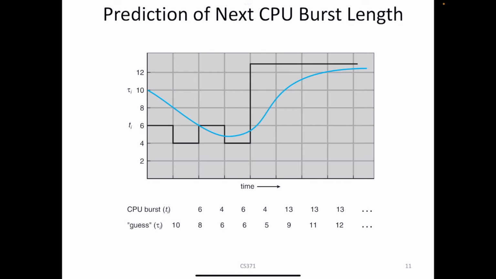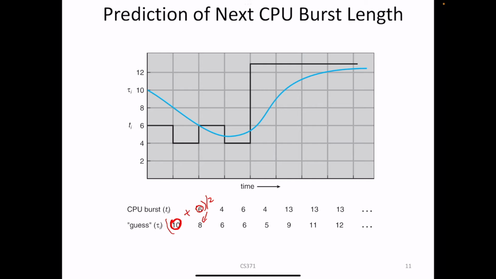This slide shows an example of predicting the next CPU burst length. At the very beginning, we predict the CPU burst time is 10, and the actual CPU burst time is 6. Then we can use 10 and 6 to calculate the next predicted CPU burst time as 8. We just use 10 plus 6 and divide by 2, and then we get 8.